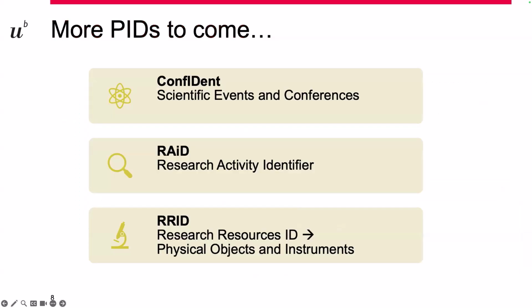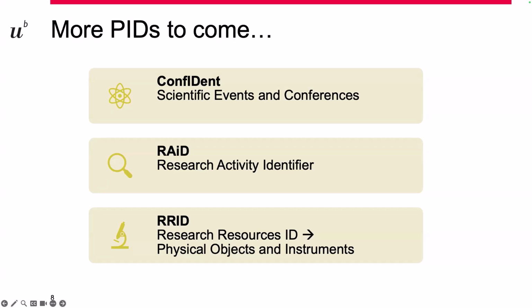And on that note, I would also like to show you some more PIDs that are currently being developed. First, there is this one called CONFIDENT. It's made for conferences and scientific events, helping to give unique IDs to things like presentations, posters, or even contributions from participants.